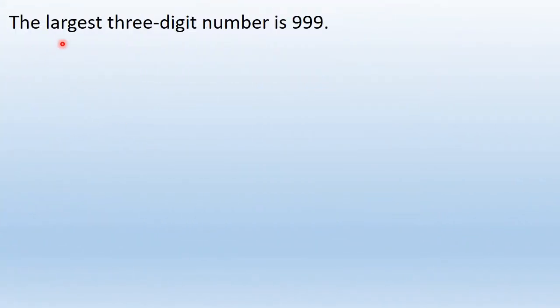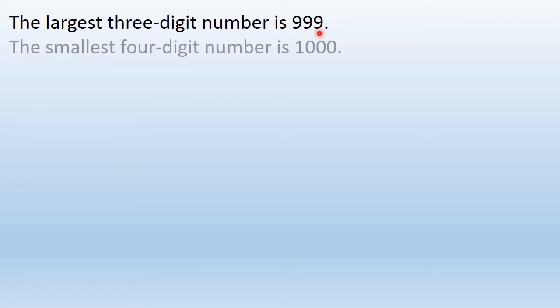The largest three-digit number is 999. The smallest four-digit number is 1000.